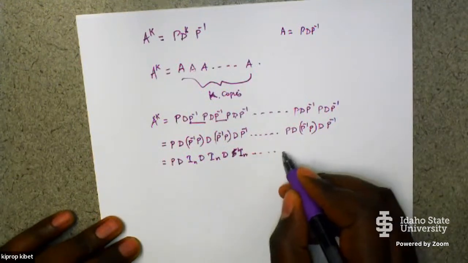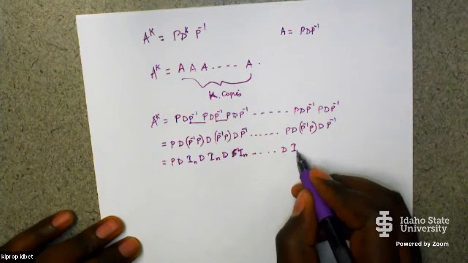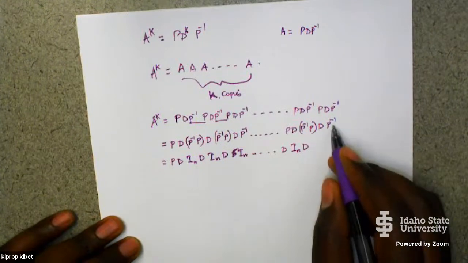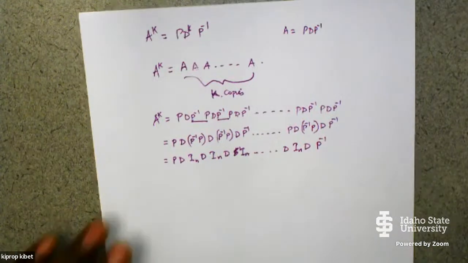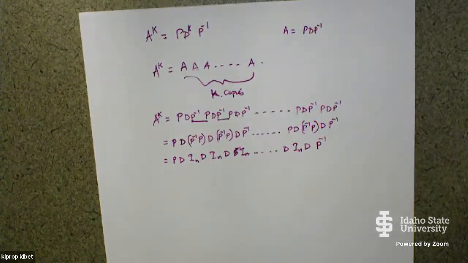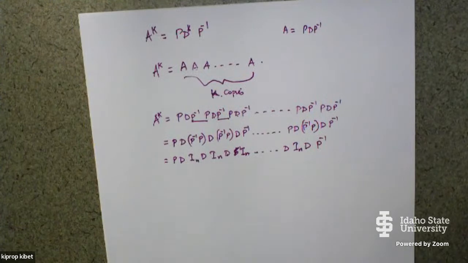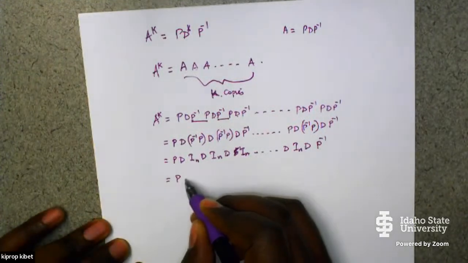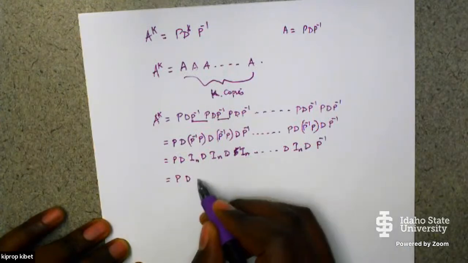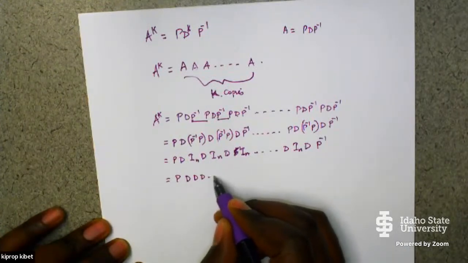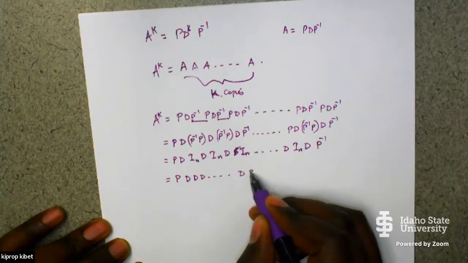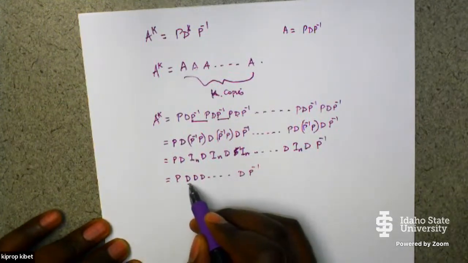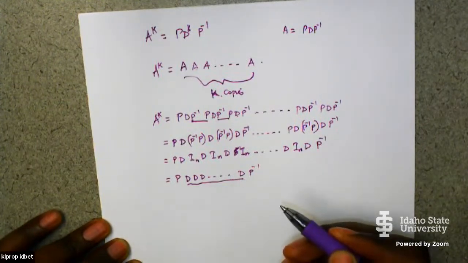You continue like that, D, and then I_n, and then D, and then we have the last one, P inverse. D, I_n there will still give us the same thing. So this is the same as P, D, D, D, D, and then P inverse. How many copies of D here?